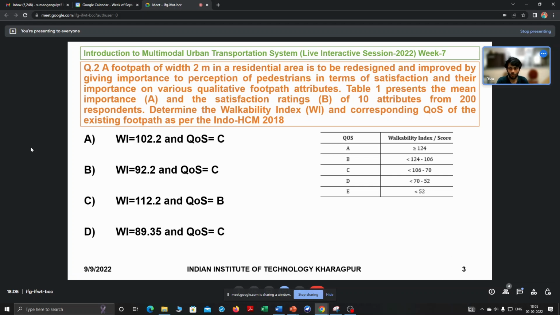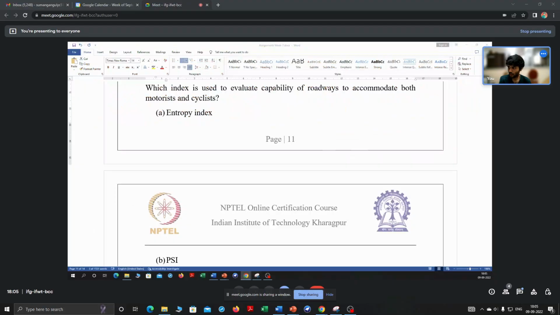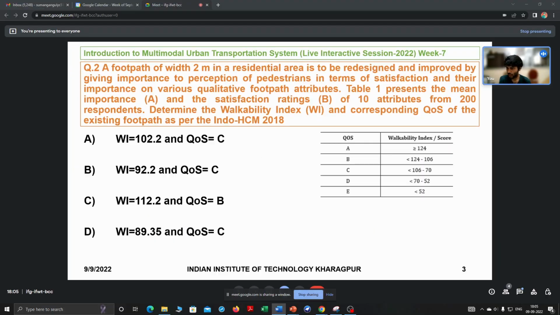Based on that you need to calculate the walkability index. Here what I have missed is that no values are given, so you won't be able to calculate.